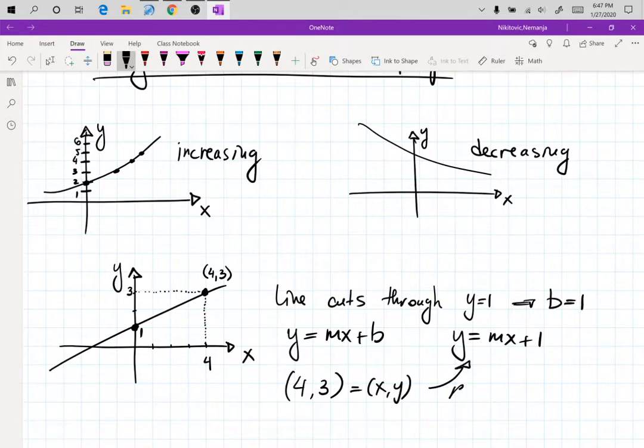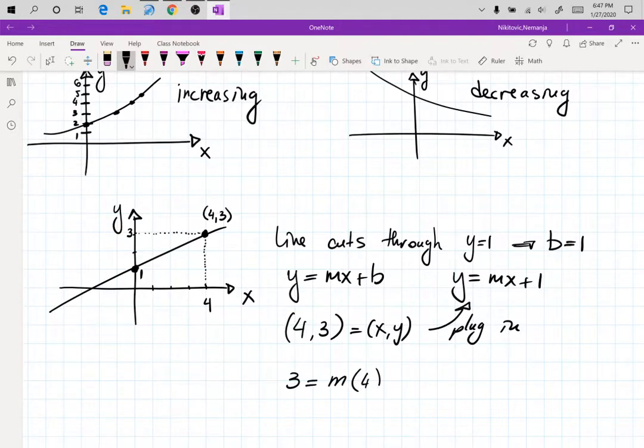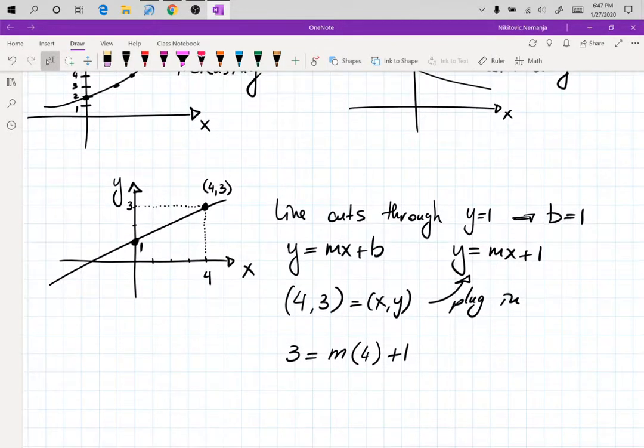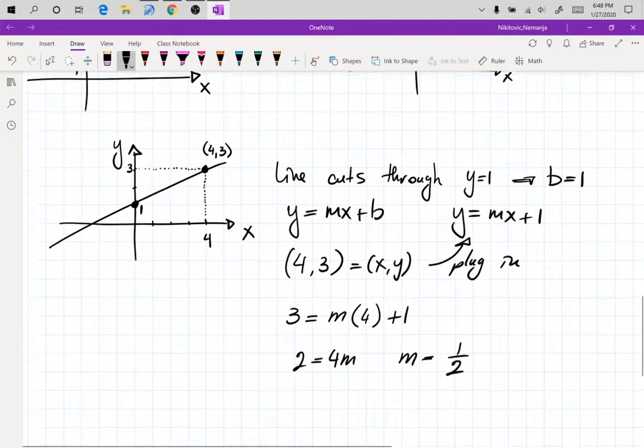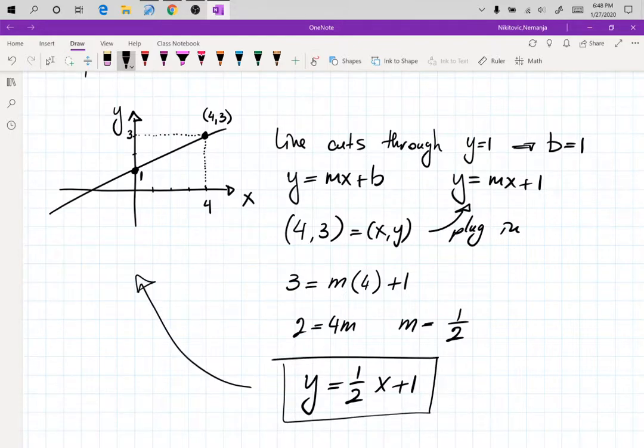So I just now plug in, and I can calculate m quickly. Y is equal to 3, m is unknown, x is 4 plus 1. Move 1 to the other side, 2 equals 4m, m equals 1/2. So y equals 1/2 x plus 1 is the equation for the linear line on the picture.